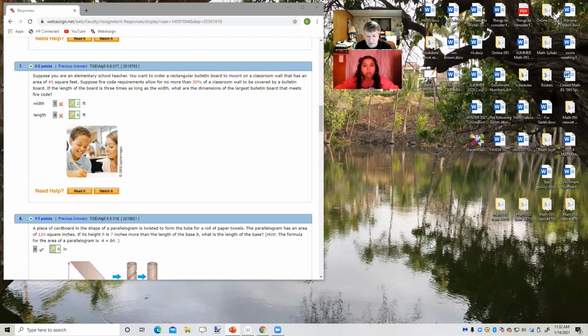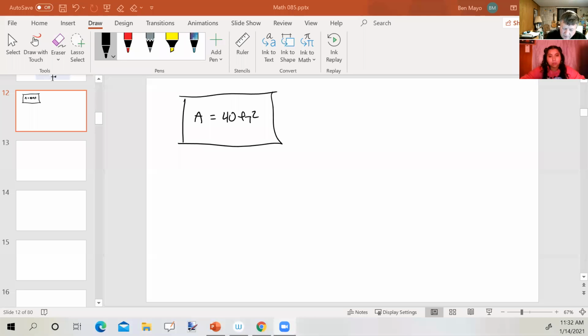I'm going to switch screens and go back here. So we've got this wall that's 40 square feet, but we can only use 30% of it, okay? So then the question is, what is 30% of 40 square feet?